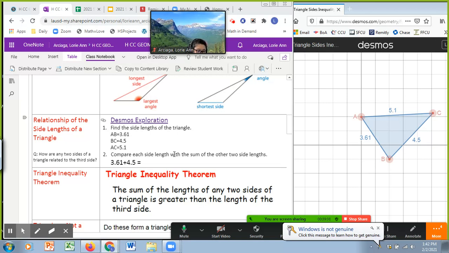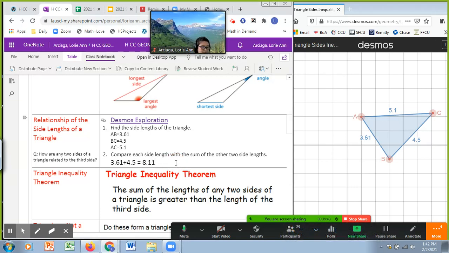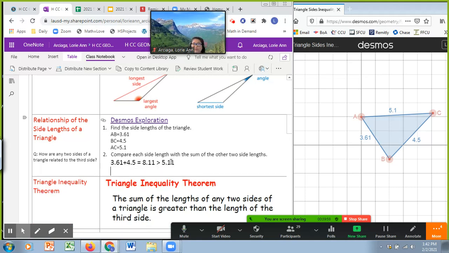If your values are different, you have to add them up as well. Then I'm going to compare that with the third side that I didn't add. What side did I not add? I did not add the 5.1, and take note that 8.11 is greater than 5.1. Then I'm going to add another one.